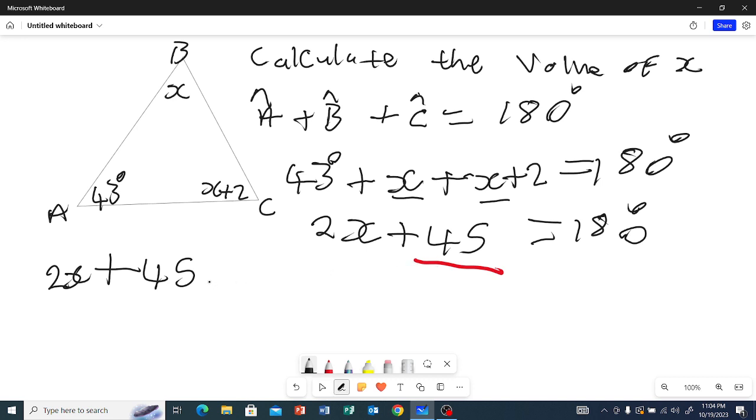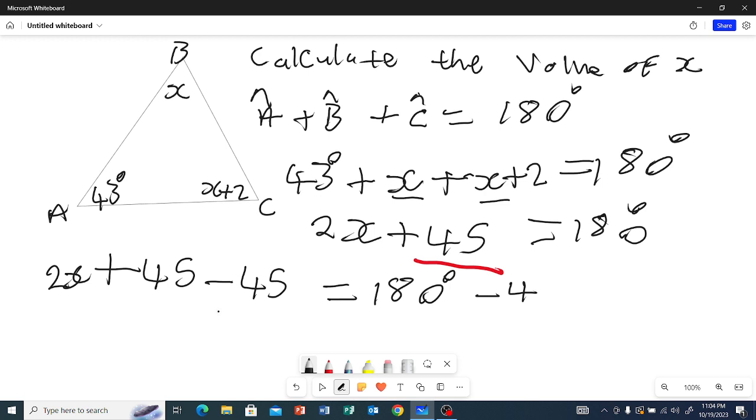Now since we have 45, we minus 45. The rule of mathematics is whatever you do on the left hand side, you must also do on the right hand side.